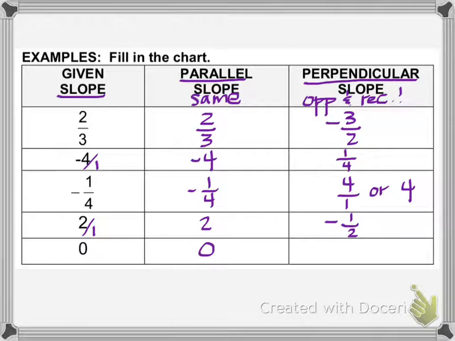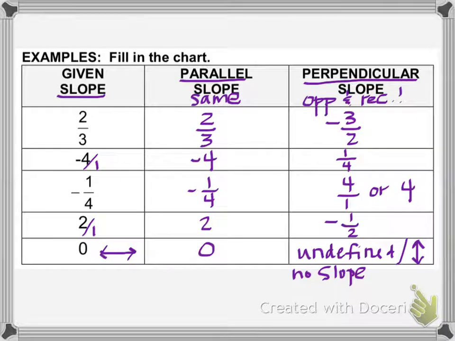Perpendicular slope of a 0 slope. So I want you to remember what a 0 slope looks like. It's going to be flat. The perpendicular to a horizontal line is going to be a vertical line. And remember, the slope of that kind of line is undefined, or no slope. If you forget, you can always do the opposite reciprocal.